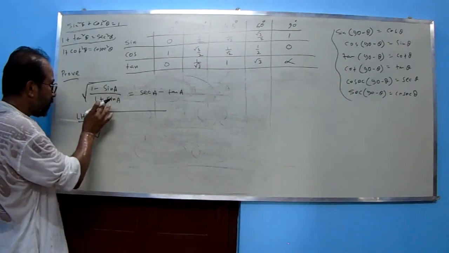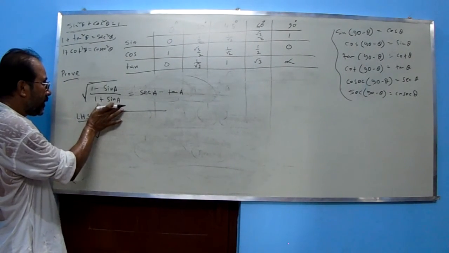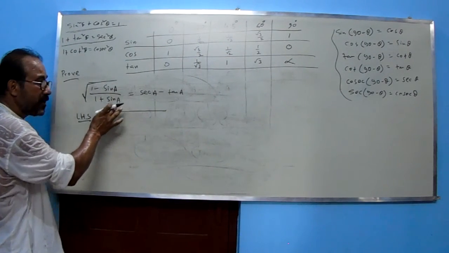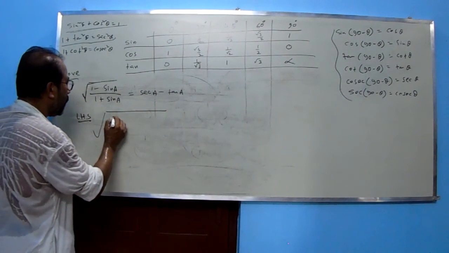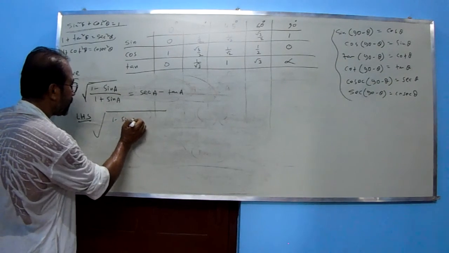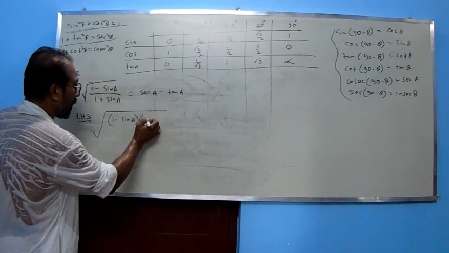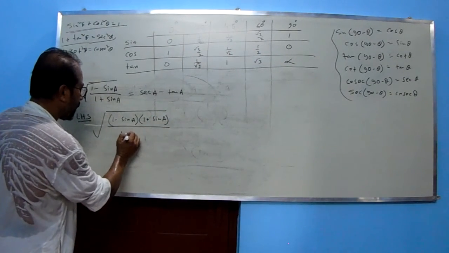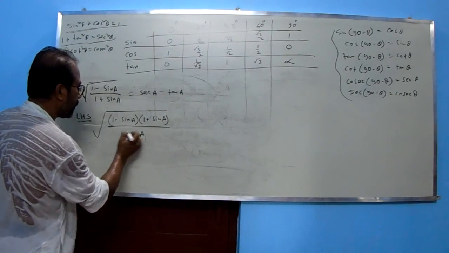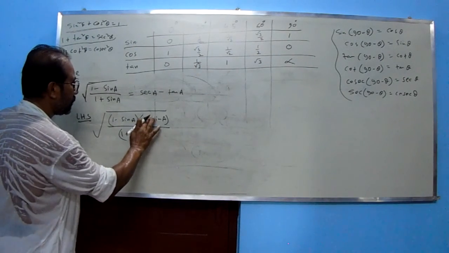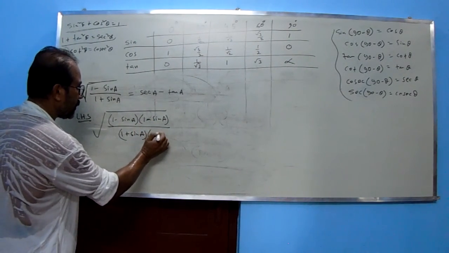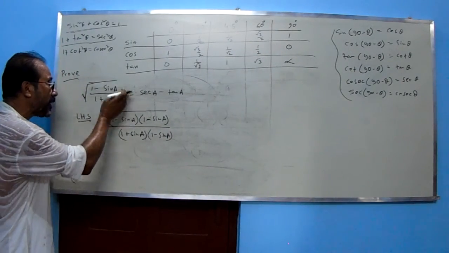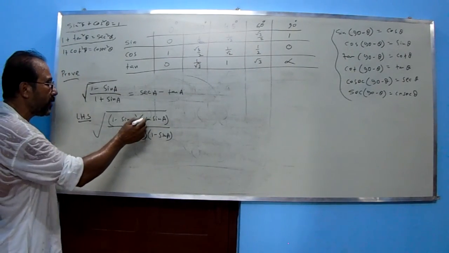Within this root, multiply numerator and denominator by 1 minus sin A. What do I get? 1 minus sin A into 1 minus sin A, divided by 1 plus sin A into 1 minus sin A. Numerator and denominator are both multiplied by 1 minus sin A.